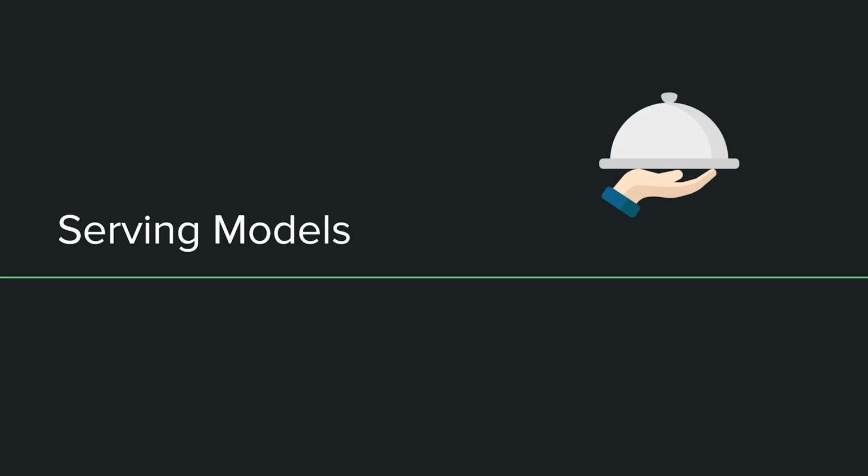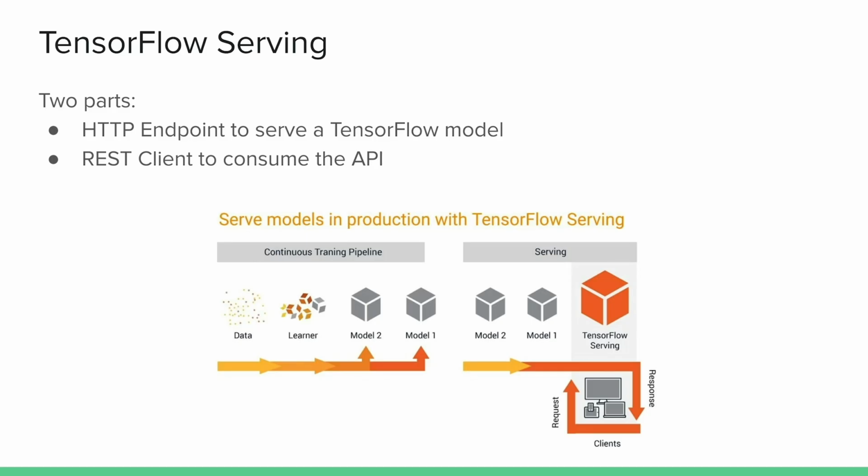Serving models in a more practical aspect, you can use Tensorflow serving, which is one tool with which you can easily take any trained TensorFlow model and expose that model as an HTTP endpoint with a REST API.